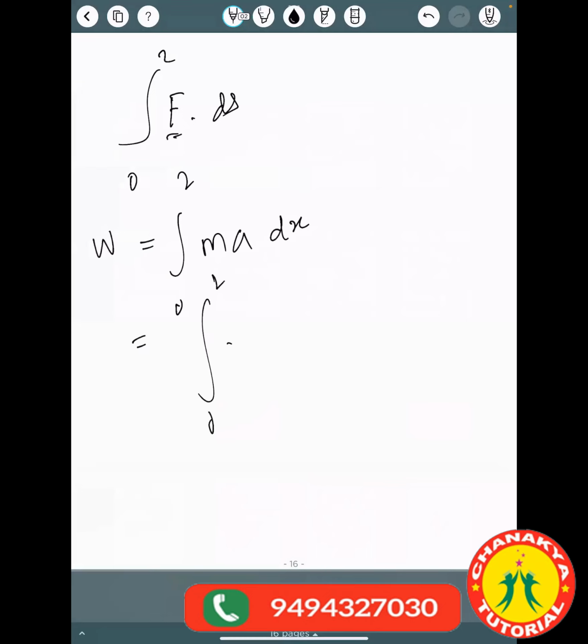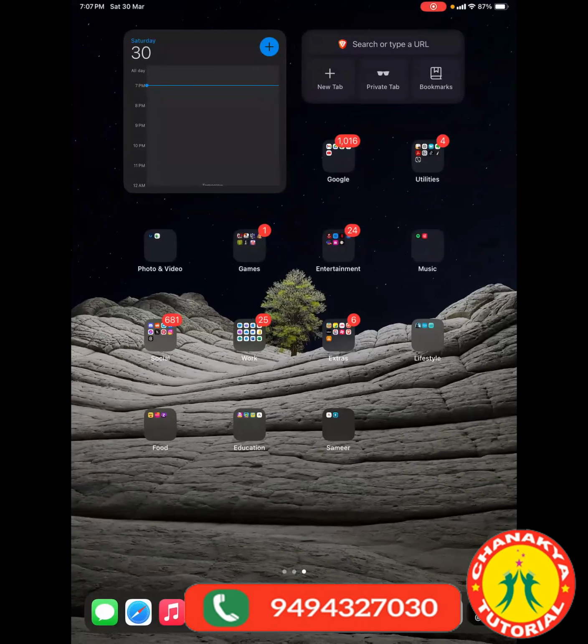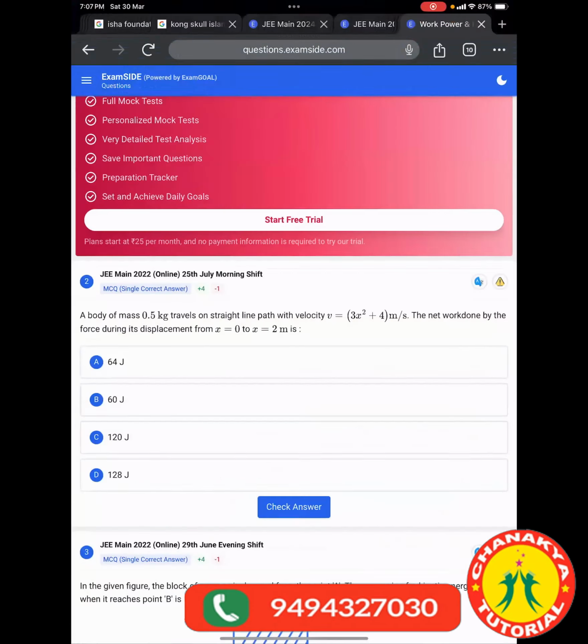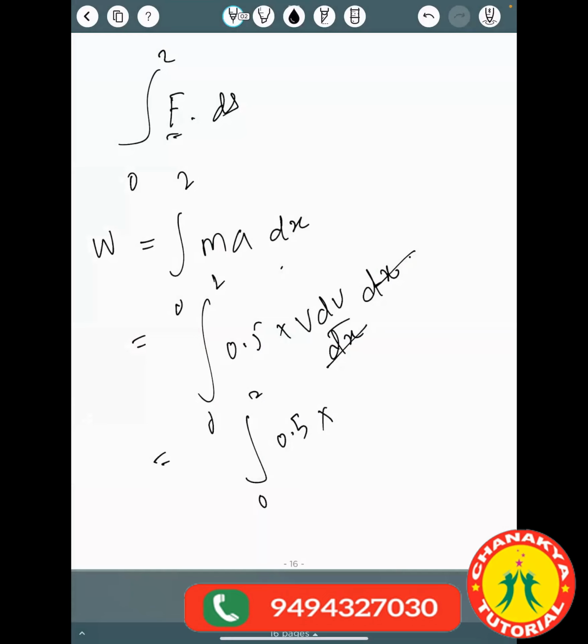So mass is 0.5 kg, given. Acceleration, if given in terms of x, I told you it is v dv by dx. Into dx, correct? The dx you cancel. Velocity is 3x square plus 4.